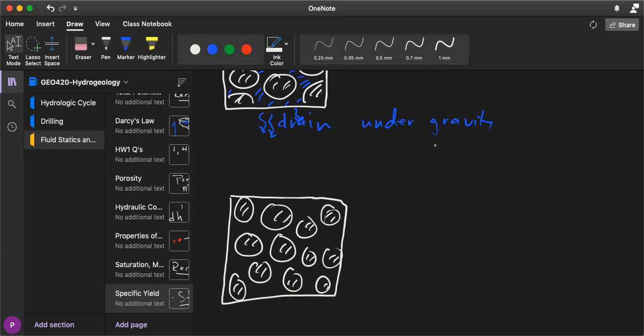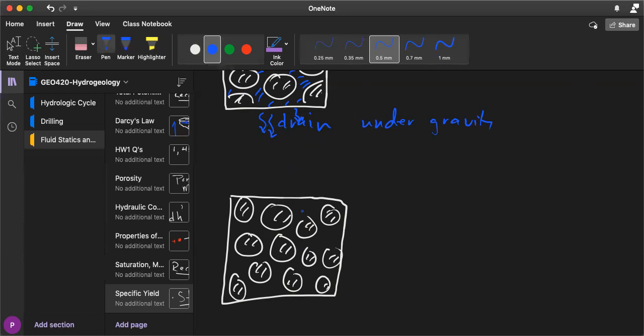Has all the water left? No, there's still going to be water left in here. Why? What's that? Yeah, it's sticking to the grains. It's been pulled into these pores.